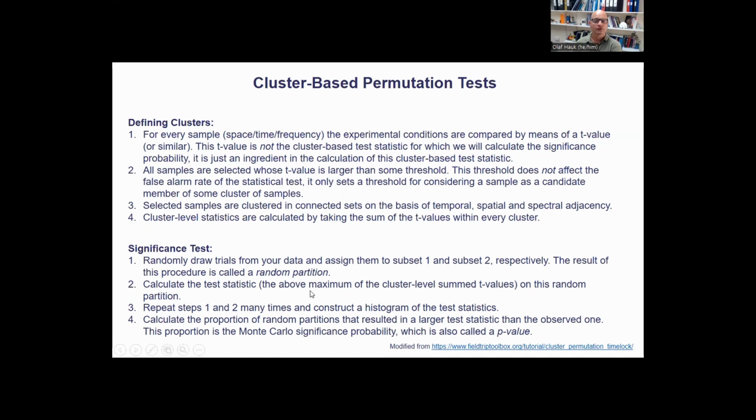And with the values that you get from all these random permutations, you can construct a histogram of the test statistics. And then, when you think that you've sampled your distribution accurately enough, you can check whether your observed cluster level test statistic actually falls in the upper end, the less likely end of that distribution.